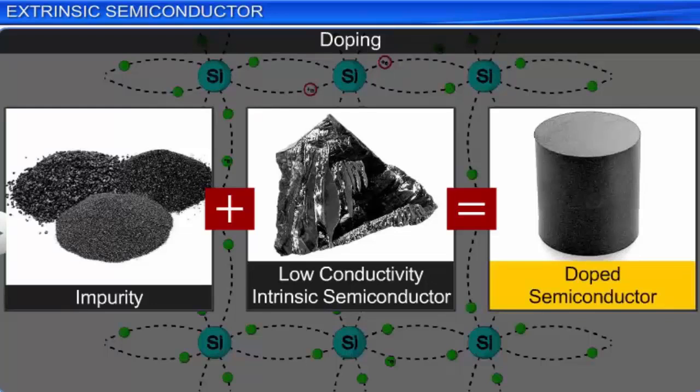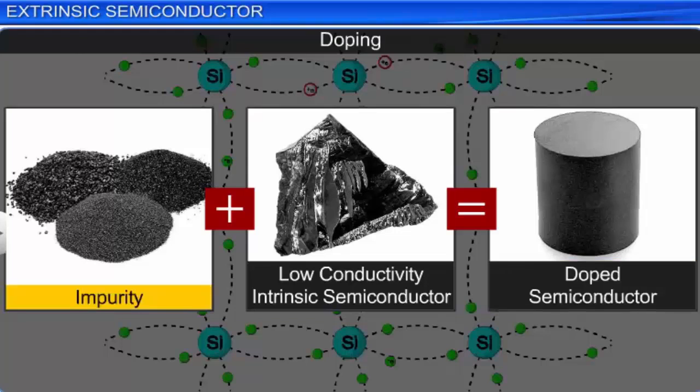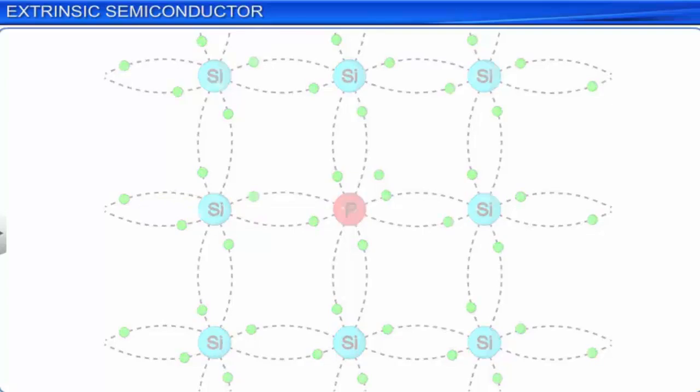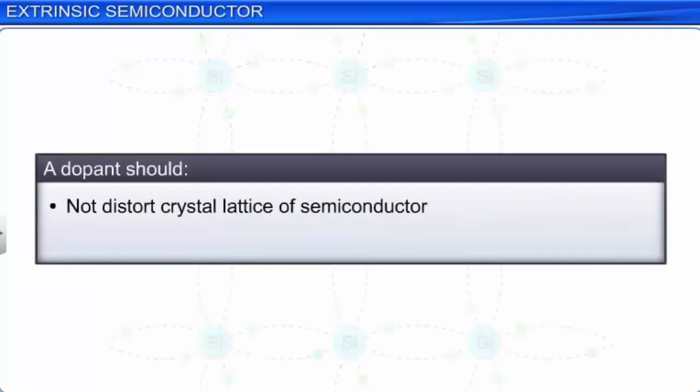The impurity atom added to a semiconductor to increase its electrical conductivity is called a dopant. During the process of doping, the dopant gets positioned in the crystal lattice of the semiconductor. It is important that a dopant does not distort the crystal lattice of a semiconductor.